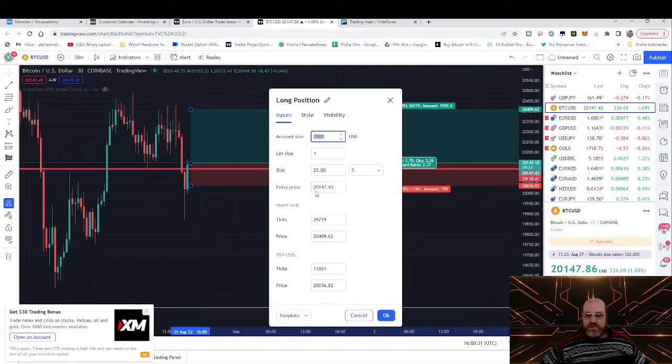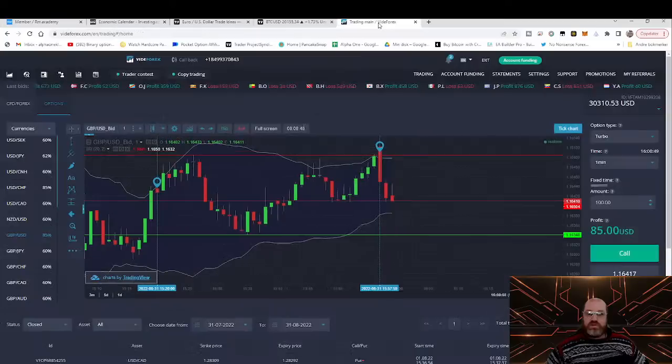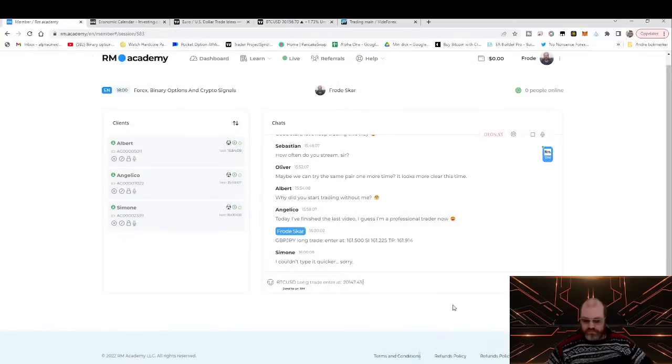We take entry, that's BTCUSD. BTCUSD long trade, enter at here. We take our stop loss here, and take profit, we take at this.